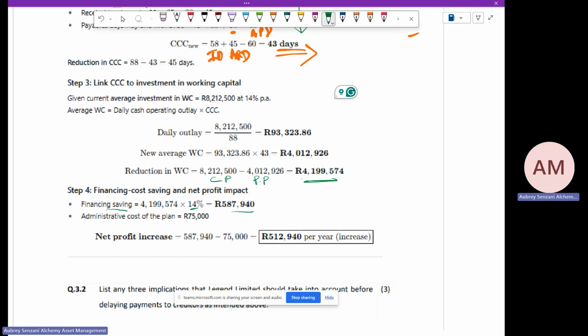And then they're deducting the cost of that admin. So it's coming together. So now you know exactly how much we would save. And obviously, that means we will see this in our profits because it's a saving, isn't it? We're saving on interest. We're paying less in terms of the interest expense, isn't it?